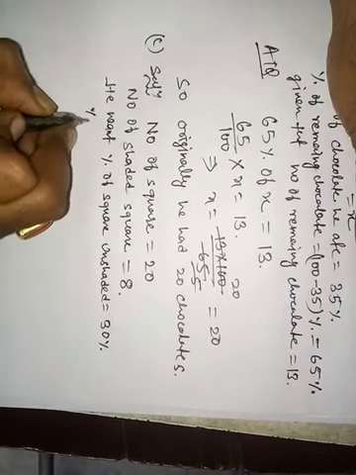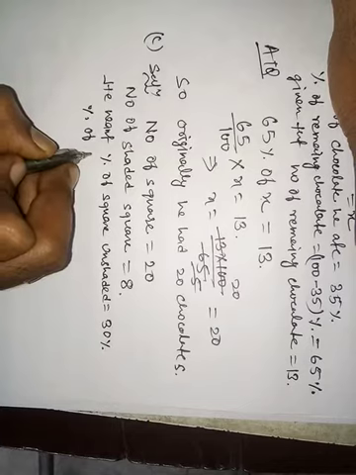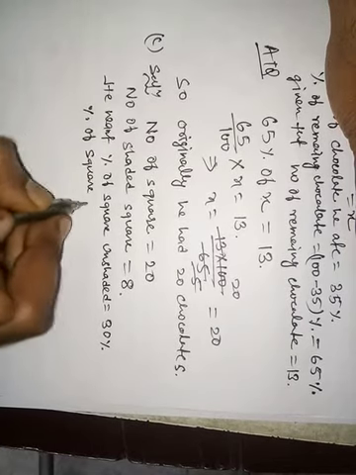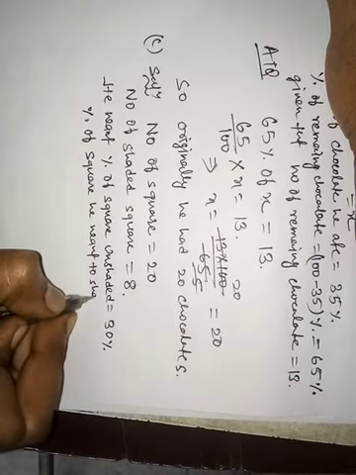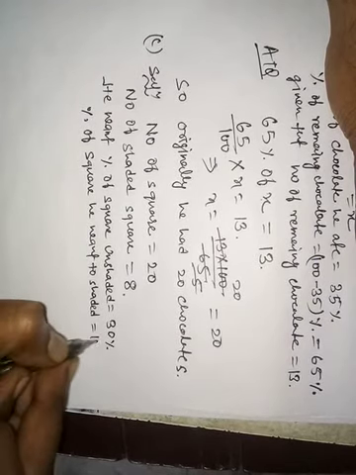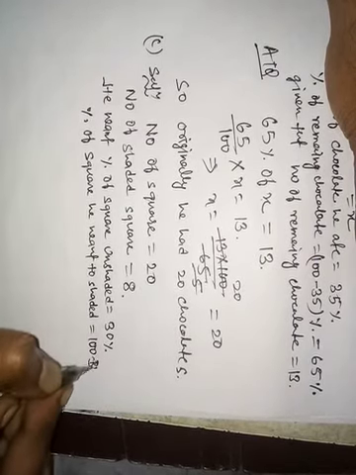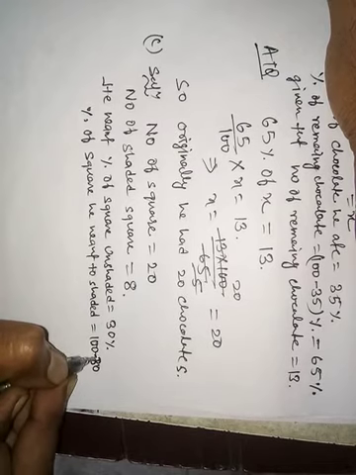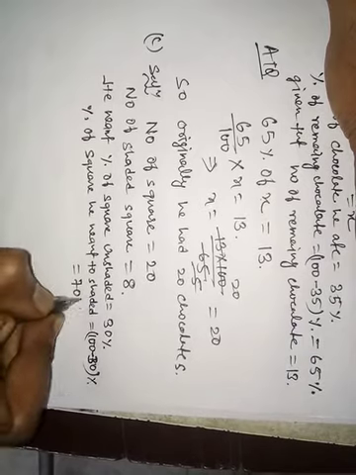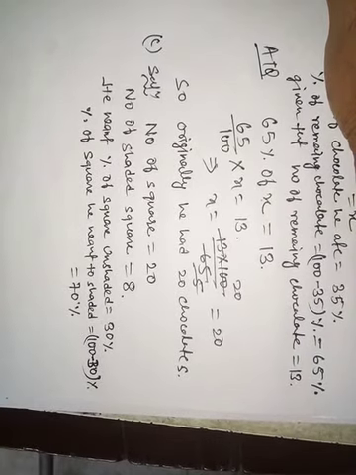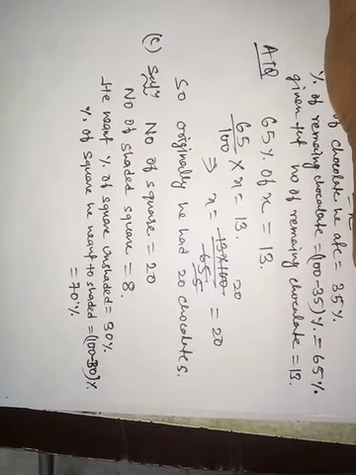So the percentage of squares he wants shaded is equal to 100 minus 30%. Why are we subtracting from 100? Because the total percentage is 100. So he wants 70% of the total squares shaded.